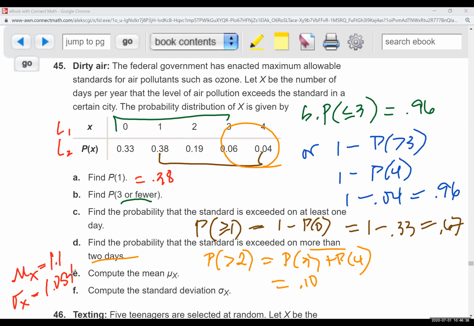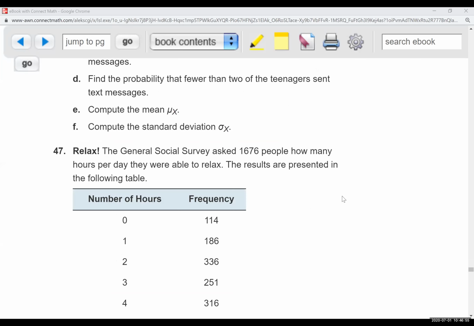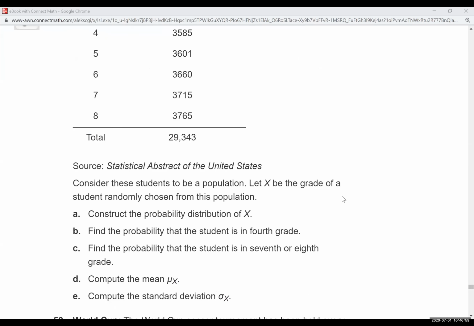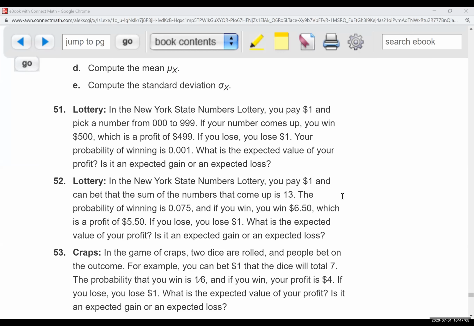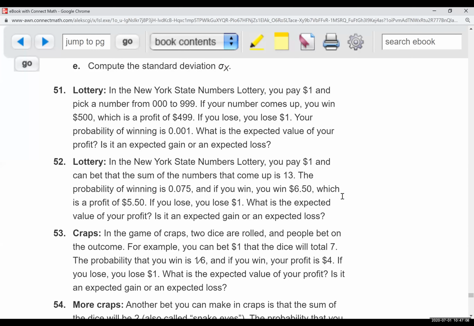Any questions? One more. 51. Sorry. So read 51 and try to solve this on your own. 2 minutes.